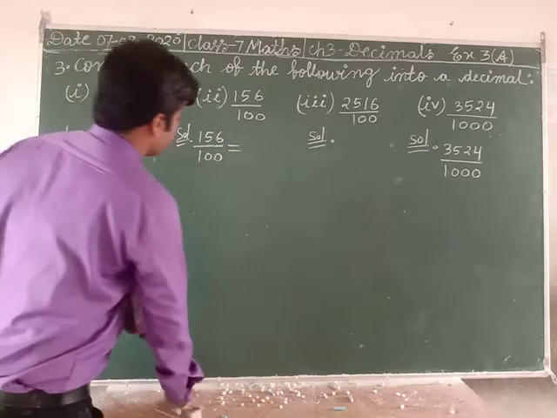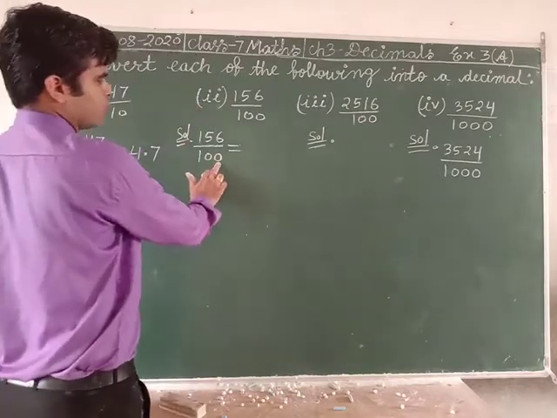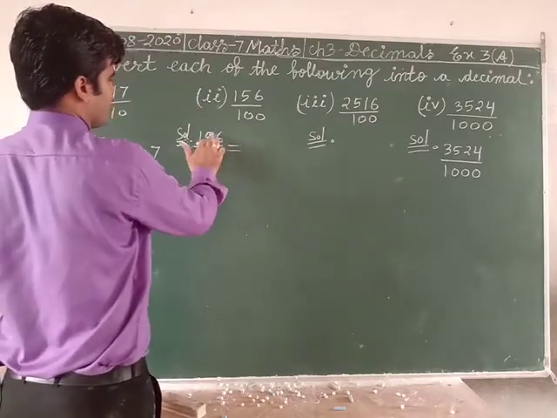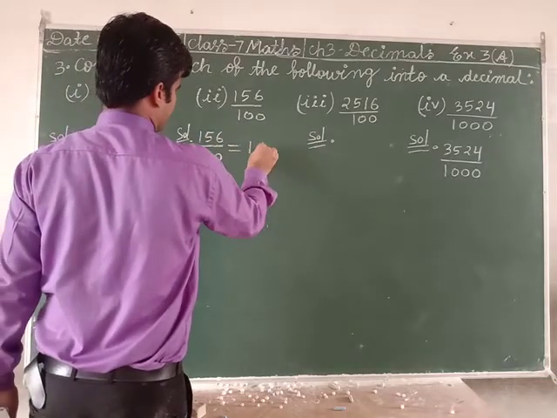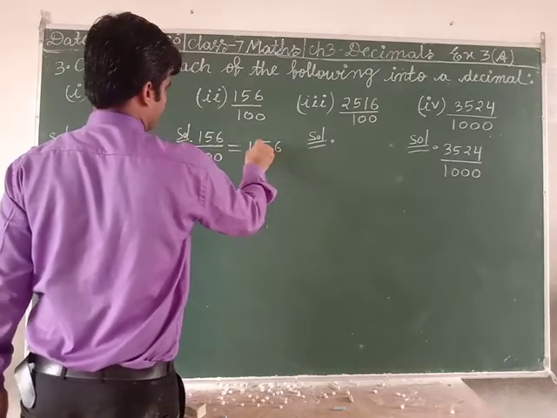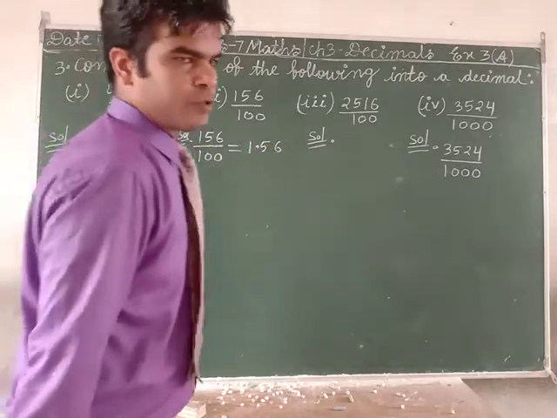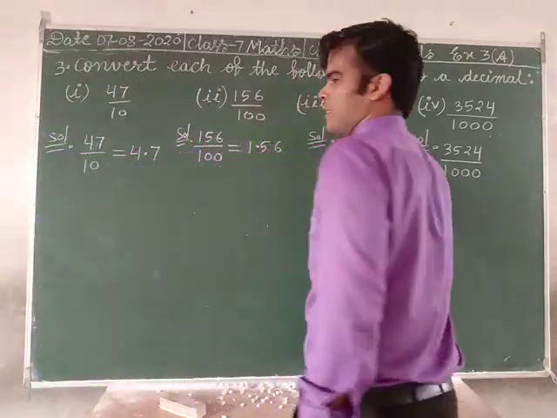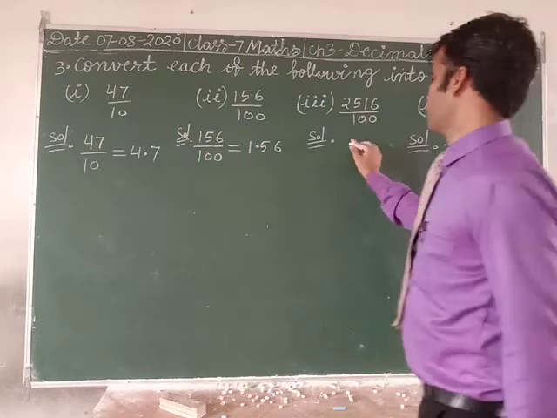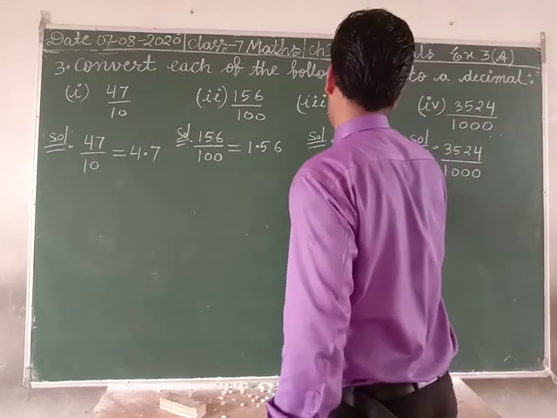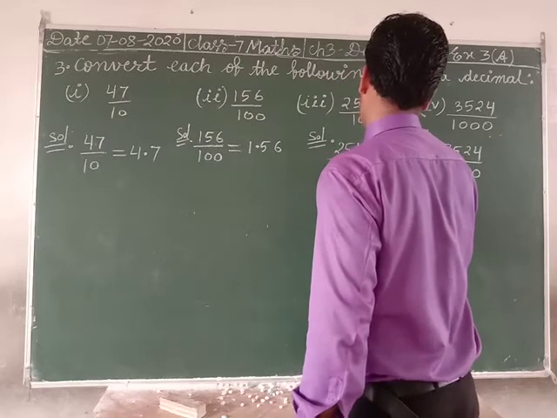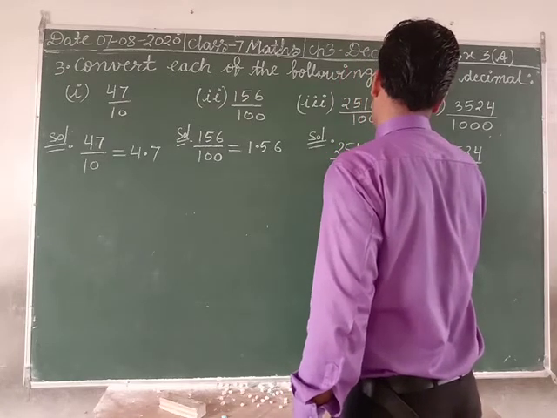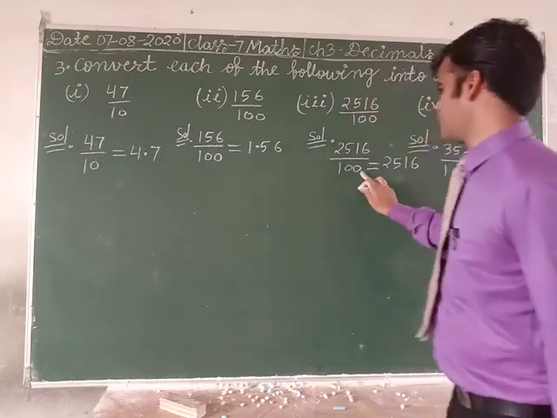So same as here, it becomes what? 2 zeros. We count 1 2. After that we put the decimal. So you put right here 1.56. Same as students here, how many zeros? 2. So here we write first of all 2.516 upon 100 is equal to, and we count zeros, 1 2.